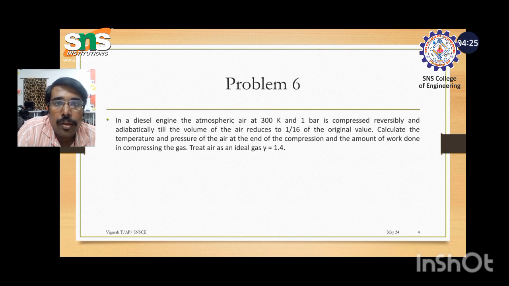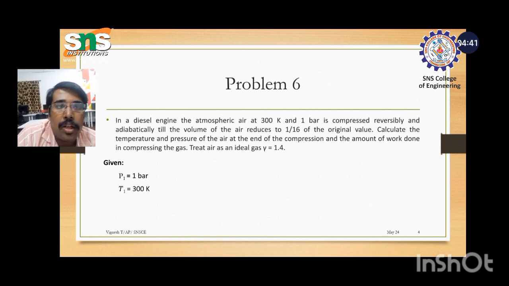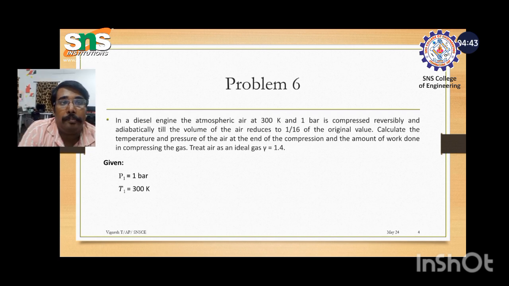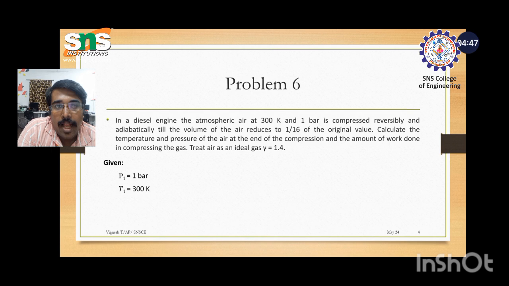This is a basic question where pressure has been given. It is a diesel engine where the air is compressed reversibly and adiabatically. Once the air is compressed, the volume reduces to 1 by 16th of the original value. Calculate the temperature and pressure after the compression.